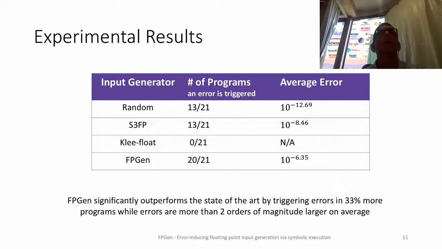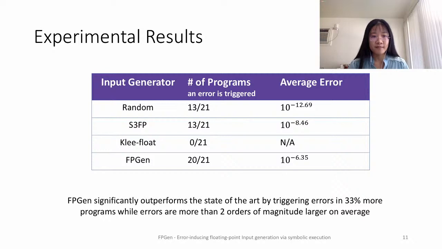I'm just wondering if you let random run for as long as the other techniques, or you just gave the same number of inputs to each one of them? Of course, in that case, random would finish much faster, I would guess.